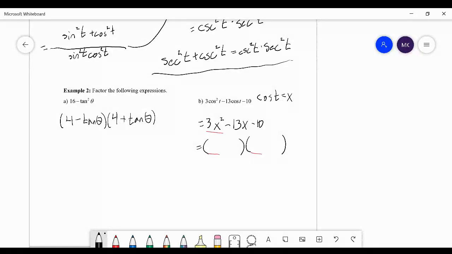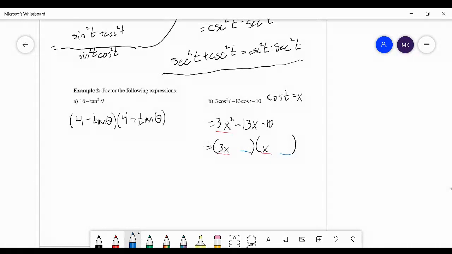It doesn't really matter which one you use. If you put 3x here and an x here, or if you flip those, it doesn't matter. It's multiplication, the order doesn't matter. Now, the next parts here and here, when they multiply together, we need to get negative 10.